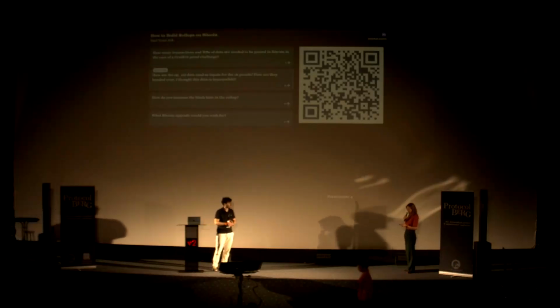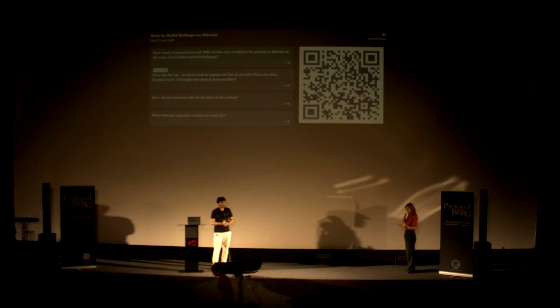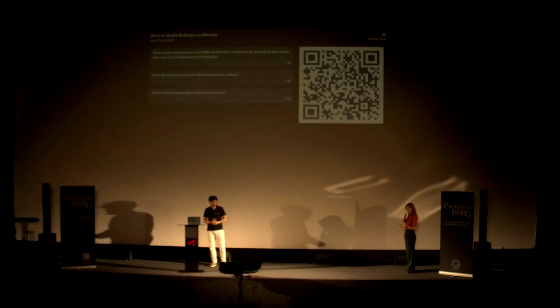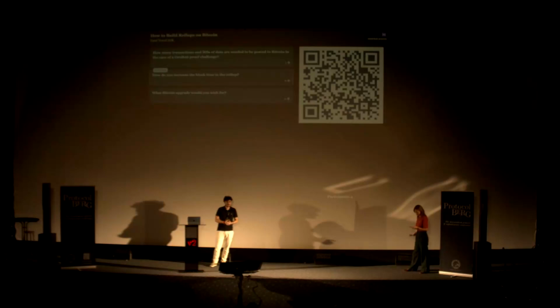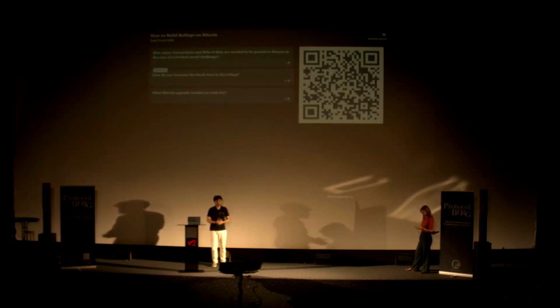So, yeah. The next question would be, how do you increase the block time in the rollup? Well, a rollup's block time is defined by the rollup builders themselves. There are no limitations whatsoever. We use a 2 second block time.